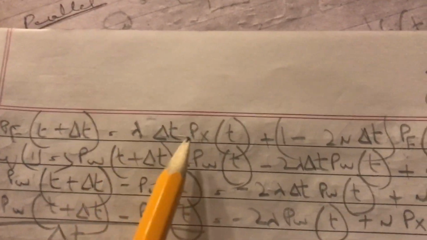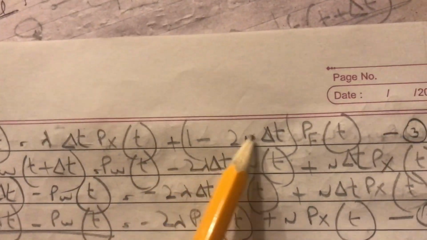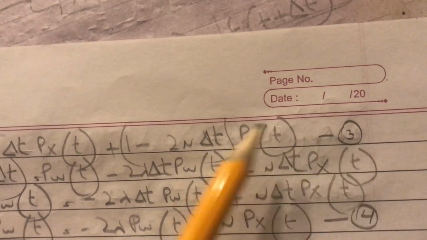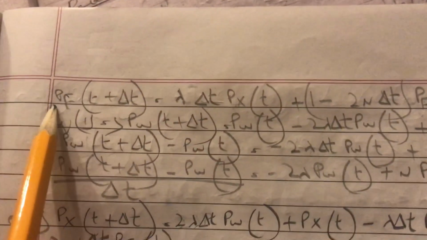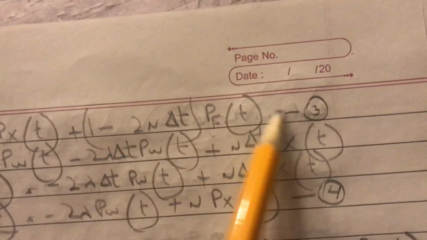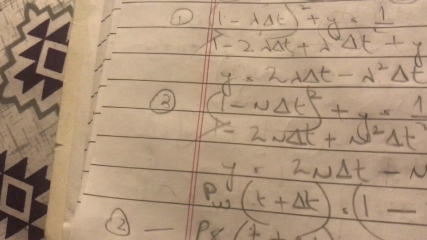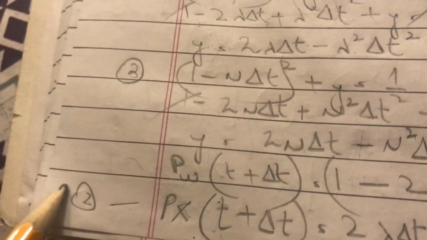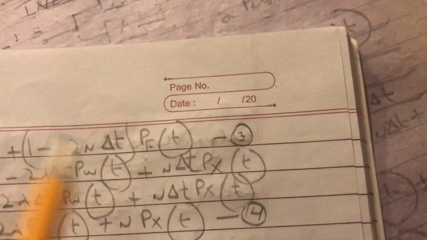So lambda delta t P_X of t plus 1 minus 2 mu delta t P_F of t in the failed state. This was for P_F and we named it equation 3, and we named the other equation 2, this is equation 1 and this is equation 3, right?